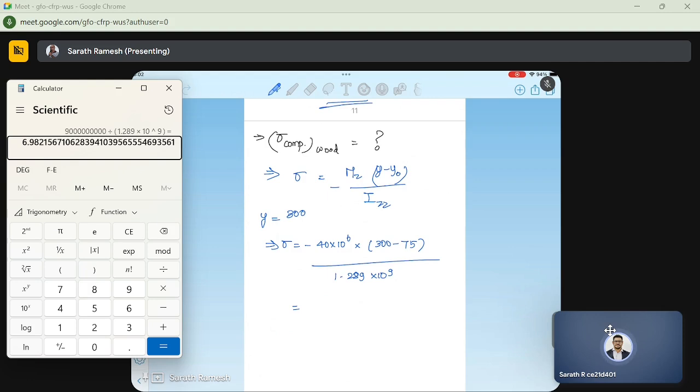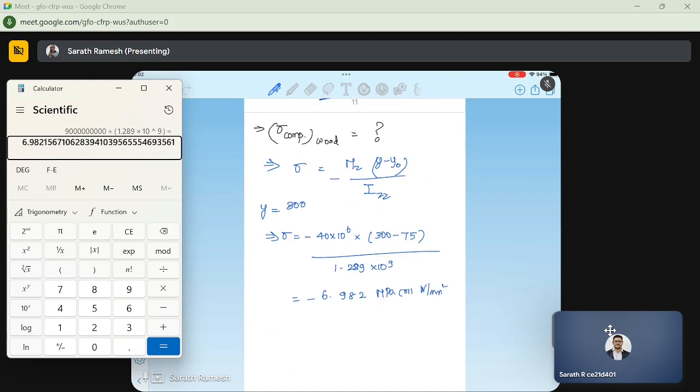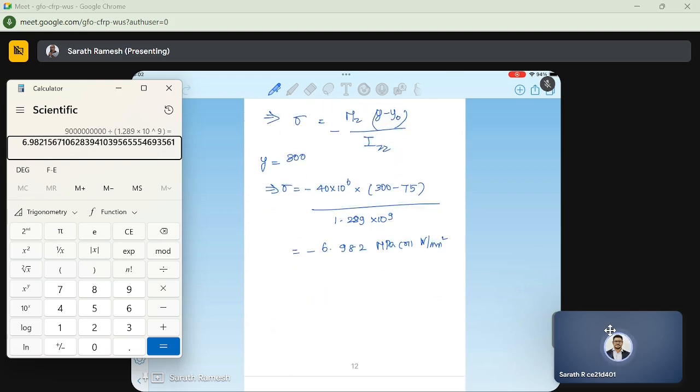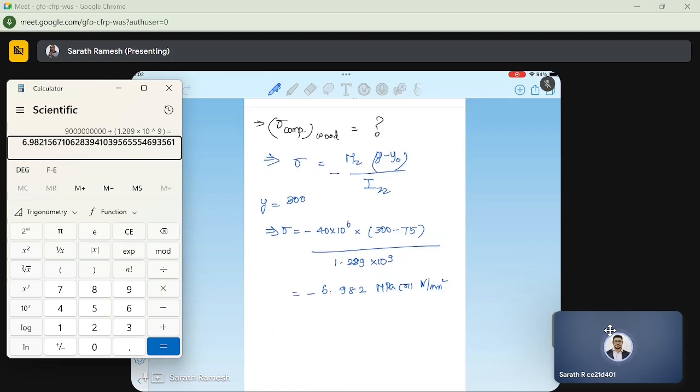This is negative, so minus 6.982 megapascal or Newton per mm square. And this is compression.